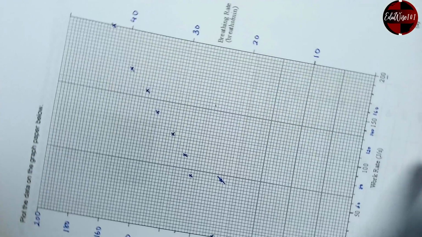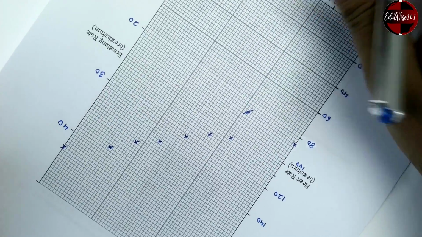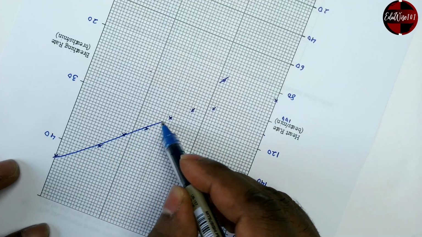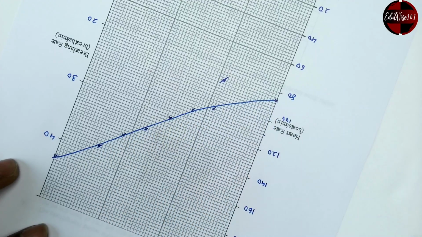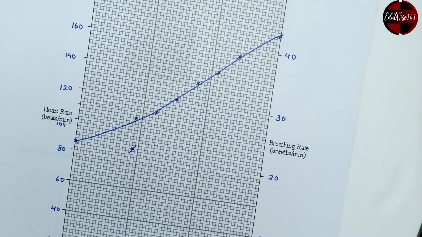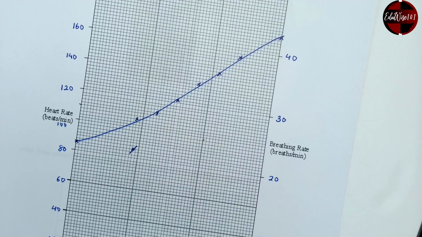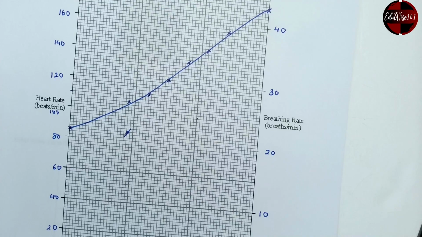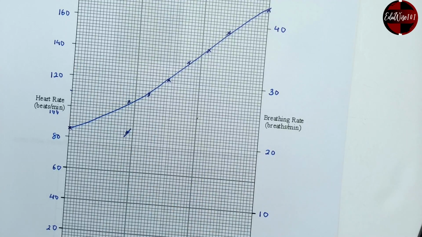And when you draw a line, you turn the graph paper like this, and then draw a smooth line of curve. You should get the graph which looks like this. So don't worry about the breathing rate. I've just plotted the heart rate. It doesn't say to plot both of them, just one of them is fine.